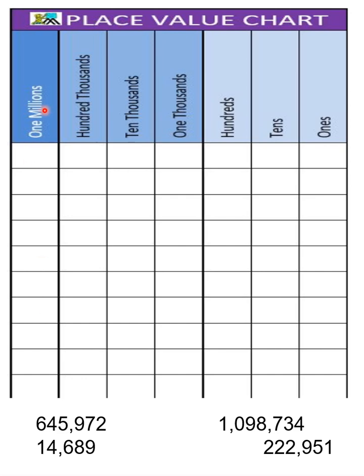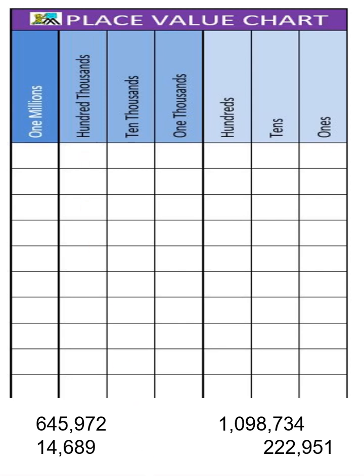645,972, and I'm asked to place it in this chart, the first thing I'm going to do is count how many numbers there are. 1, 2, 3, 4, 5, 6. I'm going to come to my place value chart and count 1, 2, 3, 4, 5, 6. And I'm going to know that that 6 is going to go right there.